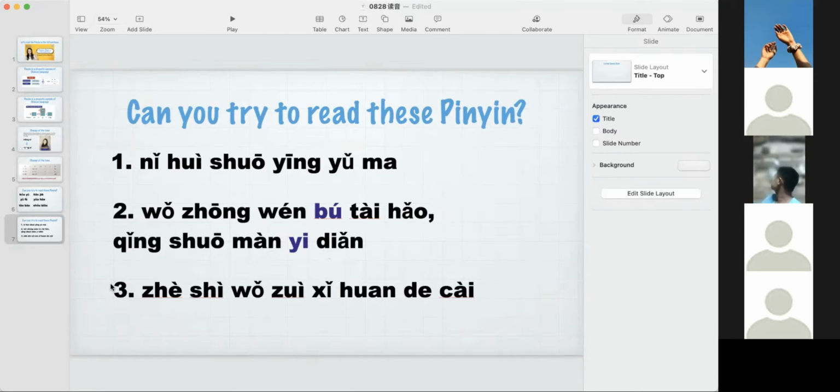Yes, perfect. 这是我最喜欢的菜。Perfect. Right here, 喜欢, which means like, and the second character is a light sound. So you're really perfect. And the 的 is basically 's, my favorite. 喜欢的菜, my favorite dish.